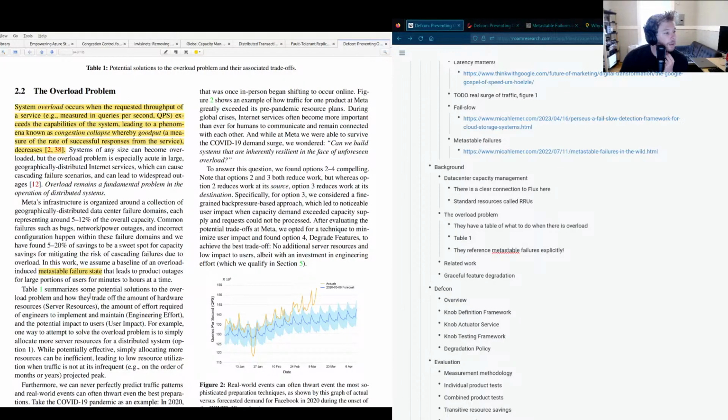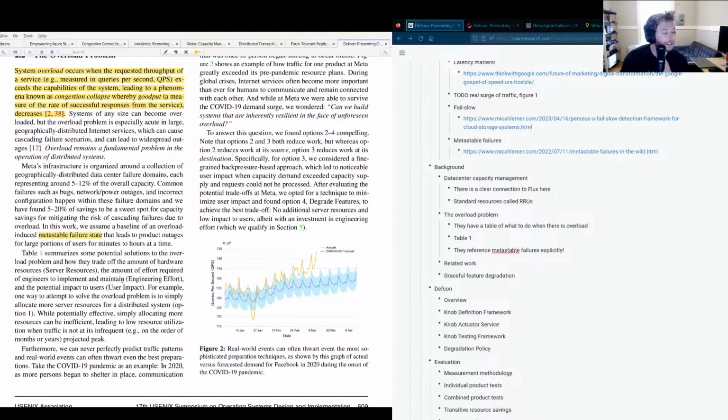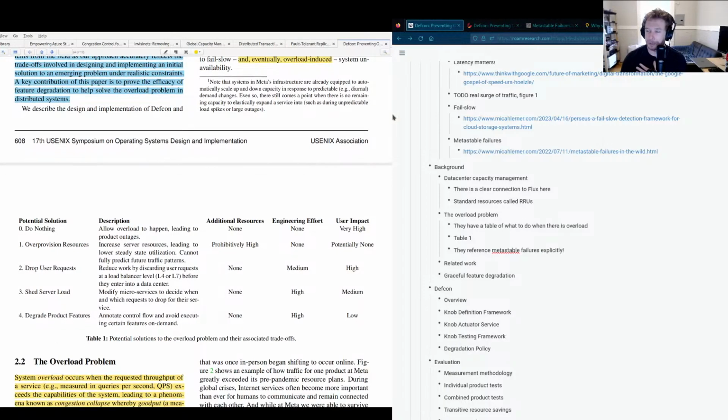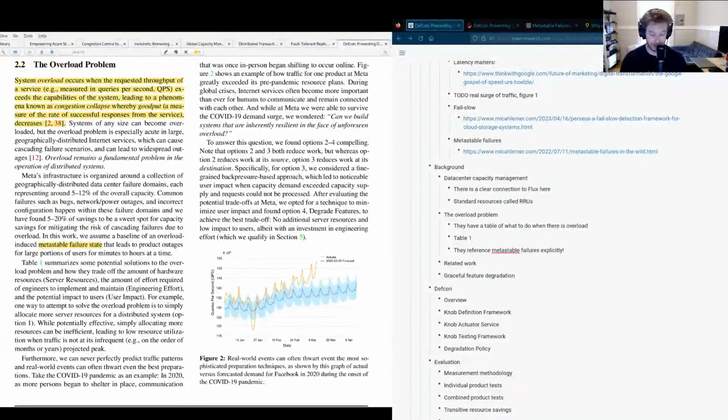Okay, so what are some potential solutions? I really like that they laid it out this way. This is like the way that a tech lead would lay out solutions to the problem. So they are grading approaches based on resources, engineering effort, and user impact.